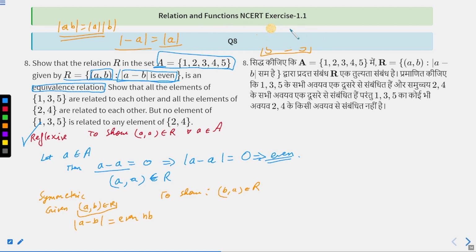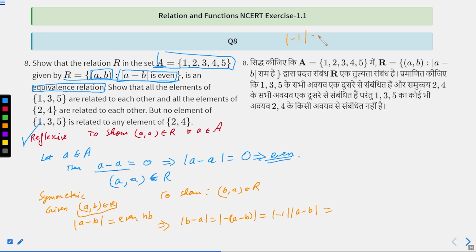So from this, it is quite clear that B minus A is the same as minus of (A minus B). So B minus A is the same as minus 1 times (A minus B), and the modulus of minus 1 is 1.